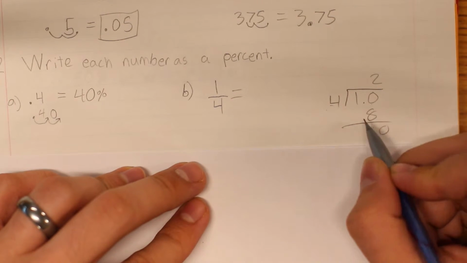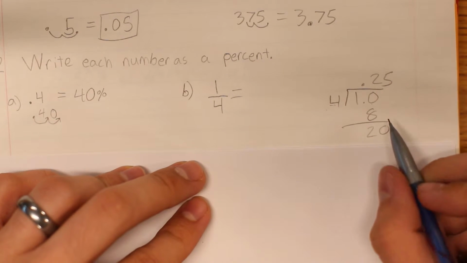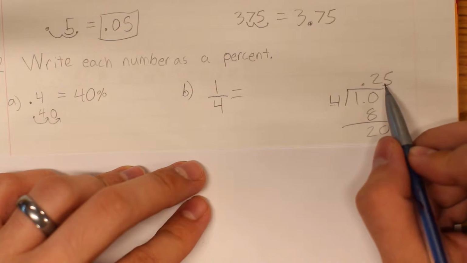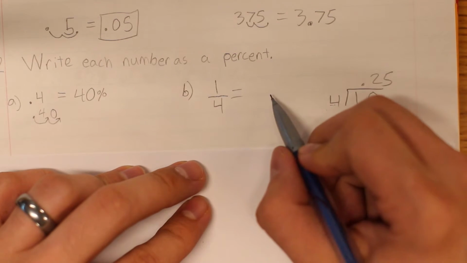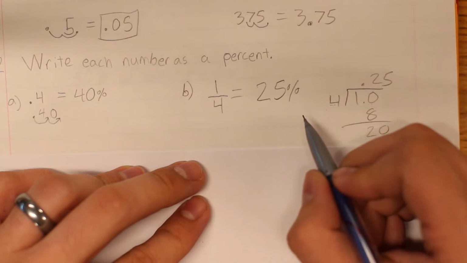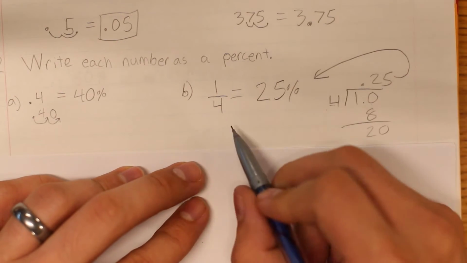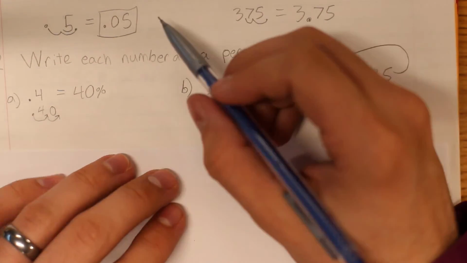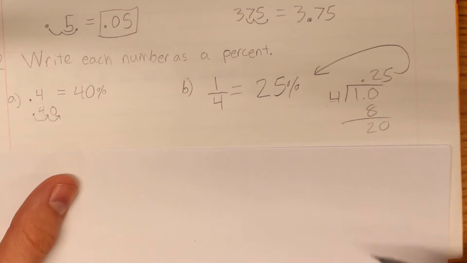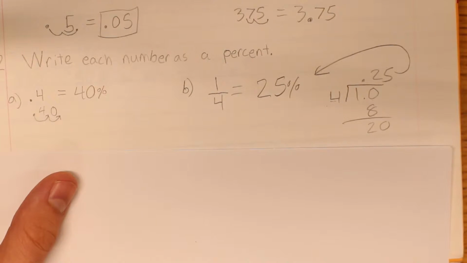Bring down another 0. 4 goes into 20 5 times, yay. So you get 0.25. Well, if I convert 0.25 into a percent, I would get 25%. That's one option, using the decimal. The other option is to use this little fact we just covered up here. If the denominator is 100, meaning if the bottom number is 100, whatever's on top is the percent.